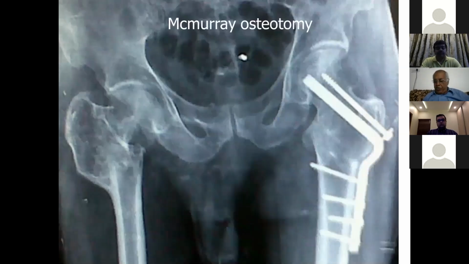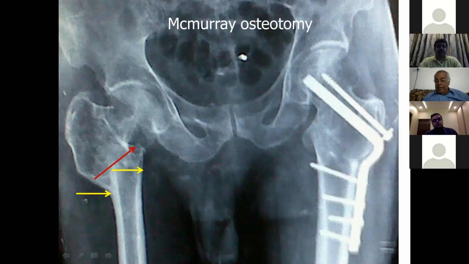This is McMurray's osteotomy. It's a medial displacement intertrochanteric osteotomy, the arrow shows medial displacement, indicated by the yellow arrows. Intertrochanteric pelvic support osteotomy.